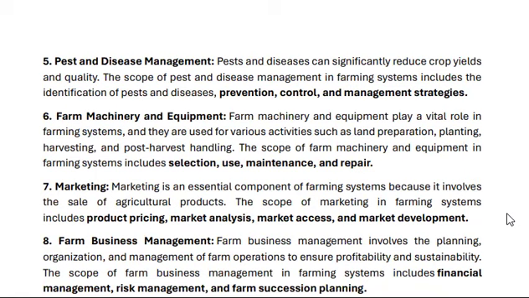So very essential rin ang marketing para maging continuous ang ating production. So marketing involves the sale of agricultural products, and its scope include the following: product pricing, market analysis, market access, and market development.